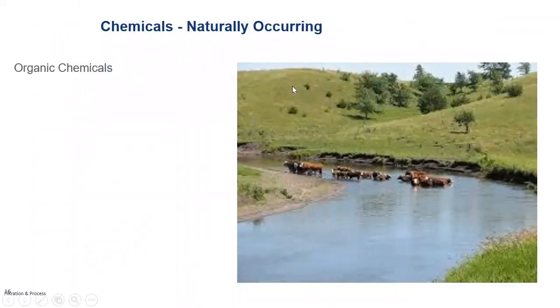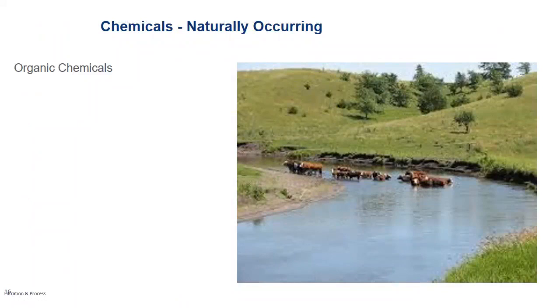So we're moving on to the next class of contaminants, and these are chemicals that are introduced naturally. This is all of life, biology, using, depositing, excreting, breaking down, and running off into our water supplies or percolating through the soil.